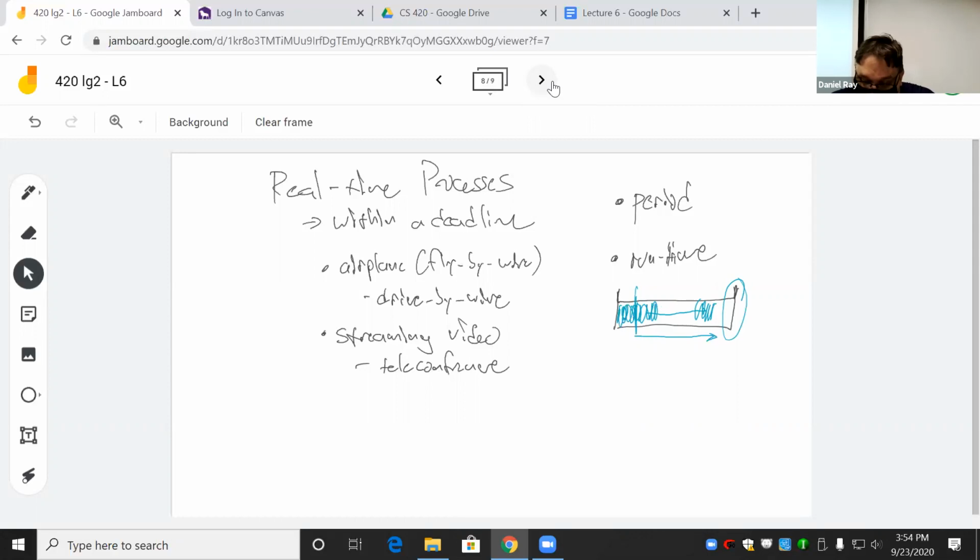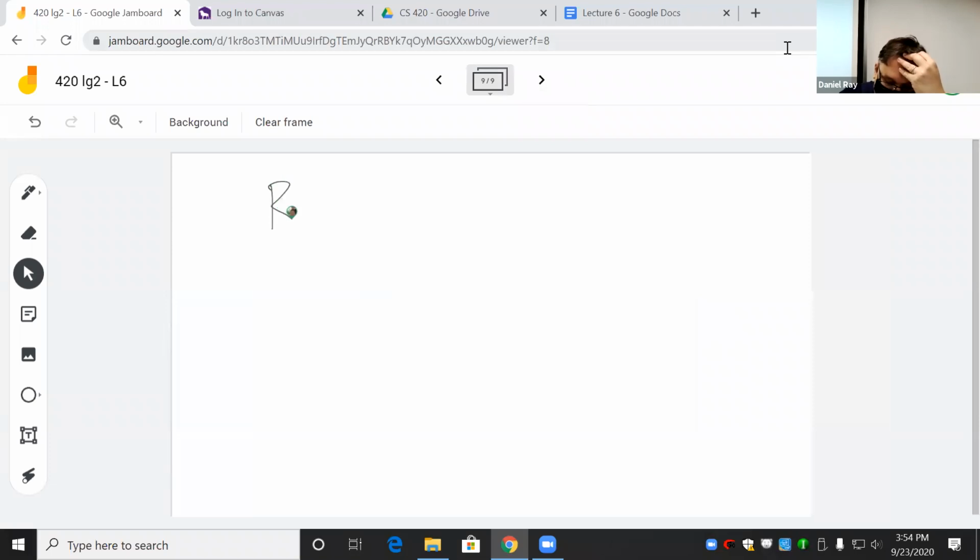All right, so what does that mean? What does that mean for our scheduling algorithms? Well, we need some new ones. We need some new scheduling algorithms for this. The first of them is the rate monotonic algorithm. Oh, you guys can't see this. Rate monotonic schedule.